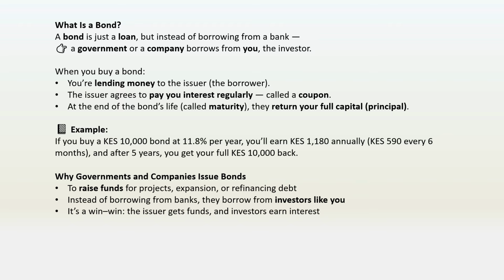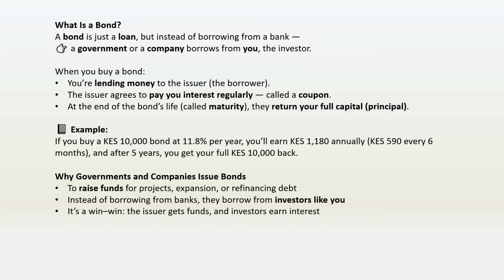So then why would a company or government issue bonds? One, to raise funds for the project or expansion or refinancing the debt. For Safaricom, they are borrowing for a project. So instead of them borrowing from the bank where the rates are high, they borrow from you as the investor. Remember, loans from banks keep on fluctuating as the interest rates keep on adjusting.